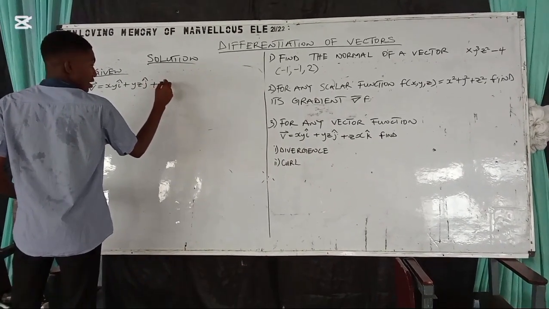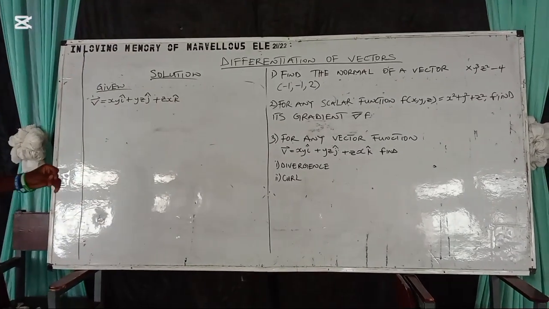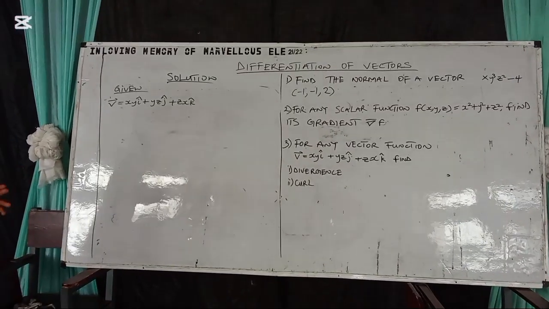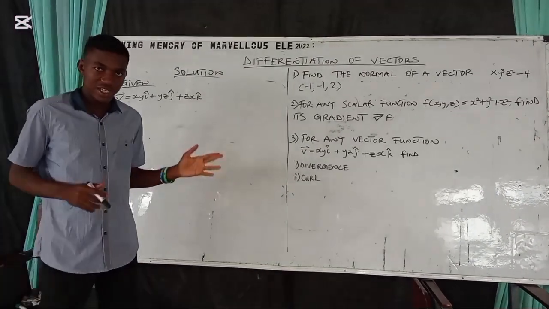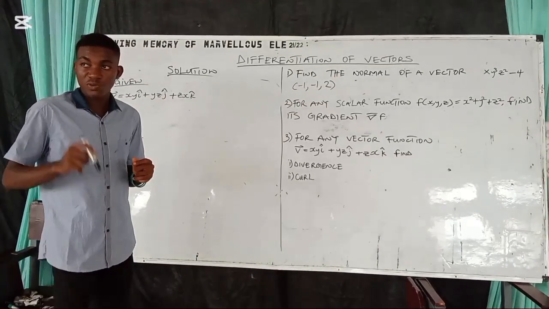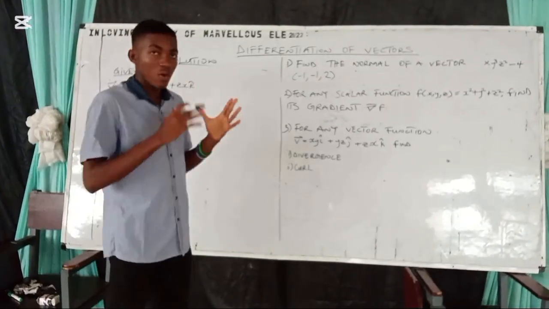The vector function is v equals xy i plus yz j plus zx k. We are to find the divergence and the curl. Divergence is simply the dot product, while curl is the cross product. I posted a video on dot product and cross product, and after this video you can go back to it. I'll drop the link in my bio so you can watch more and learn more.